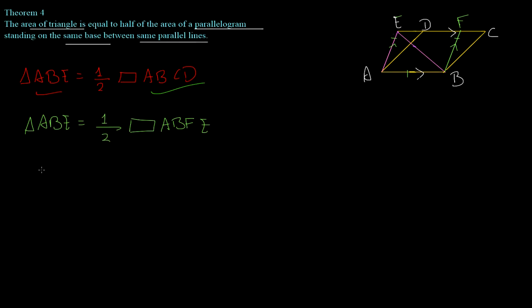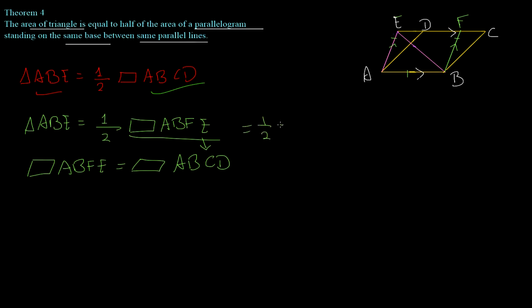So parallelogram ABFE standing on the base AB between the parallel lines AB and EC will be equal to parallelogram ABCD standing on the same base AB between the same parallel lines AB and CE. If we replace ABFE with ABCD, then we get, tada, half into parallelogram ABCD. There, we have proven it.